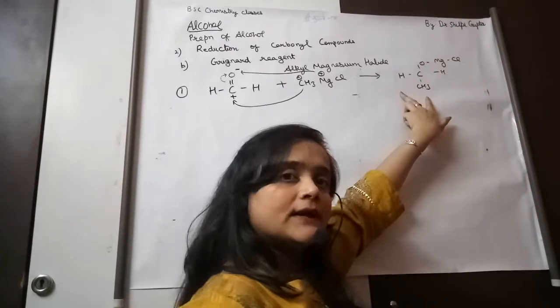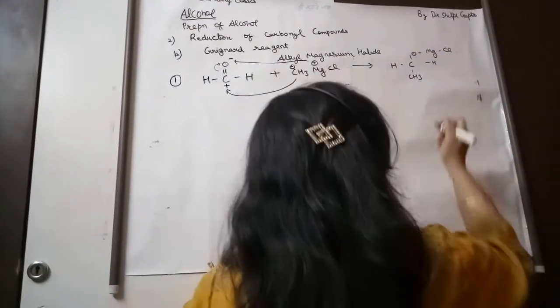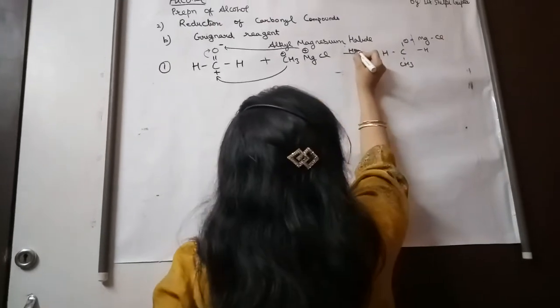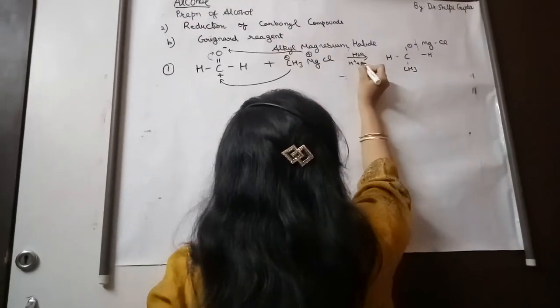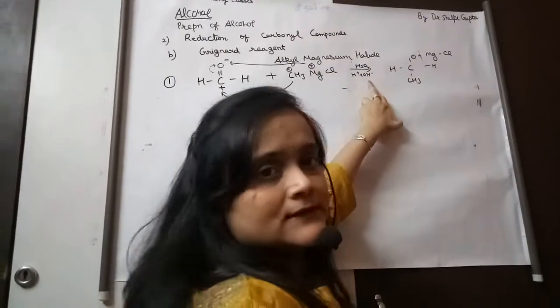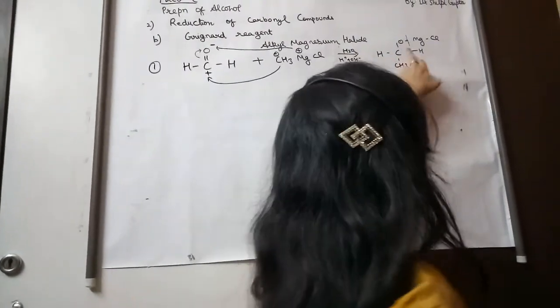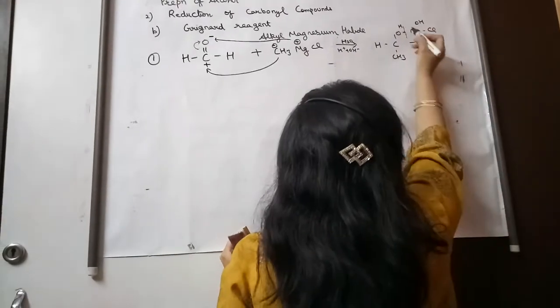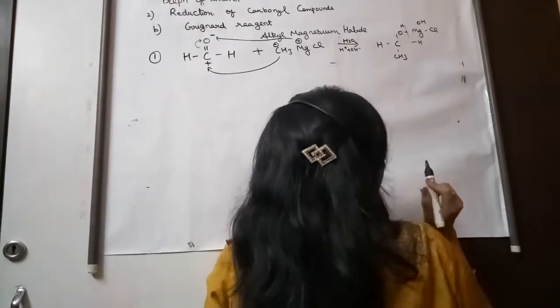Okay, now again the hydrolysis will be carried out. When hydrolysis is carried out, it will dissociate into H and OH ion. H is electron deficient and OH has a lone pair of electrons. So H will attack here, OH will attack here.